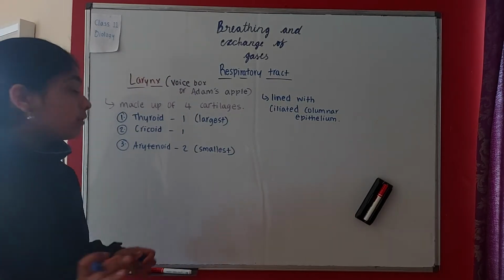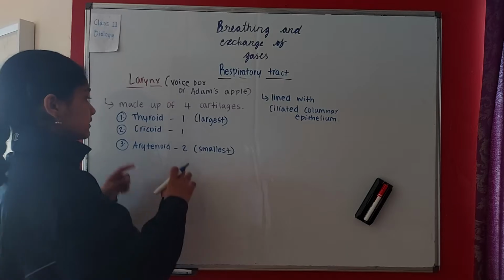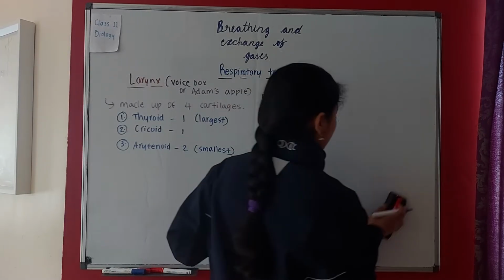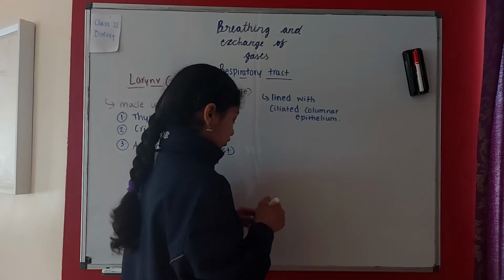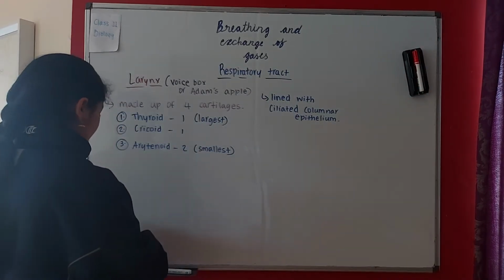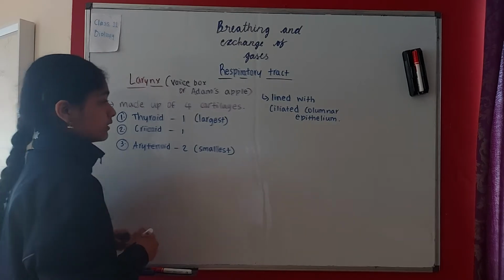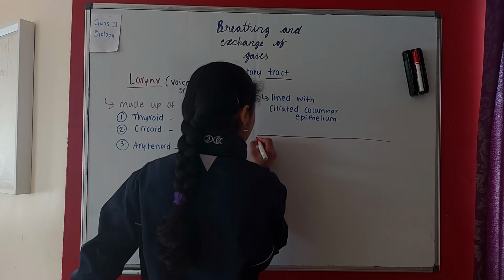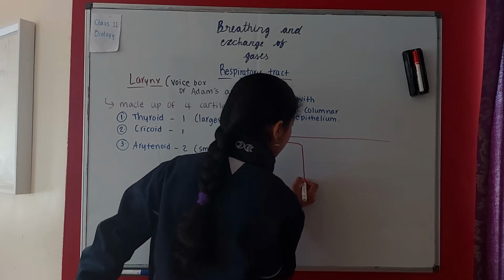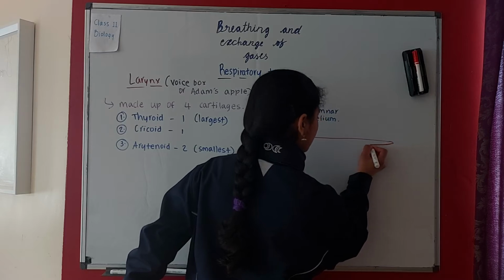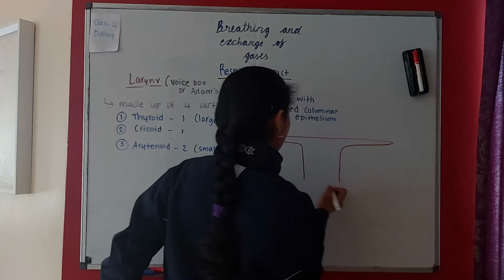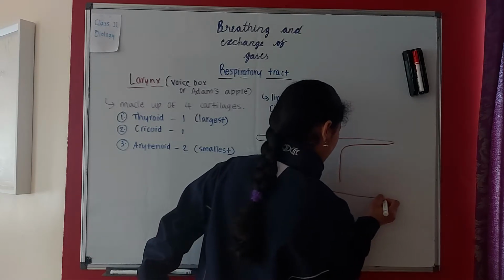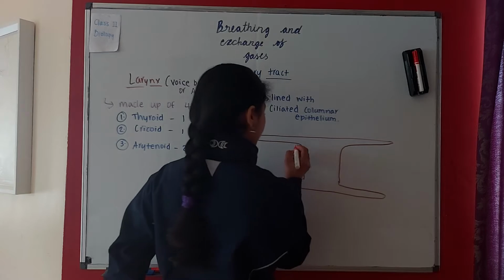Now let's try to understand the structure of the larynx, the 3 parts of the larynx, that is thyroid, cricoid and arytenoid. For this we have to draw a structure. So it's somewhat like this.